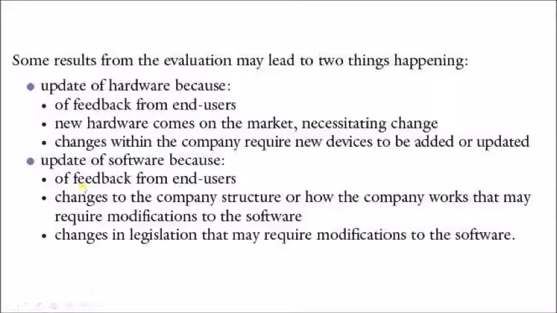Why? Because of feedback from the end users, and changes to the company structure or how the company works that may require modifications to the software. The third thing: changes in legislation that may require modifications to the software.